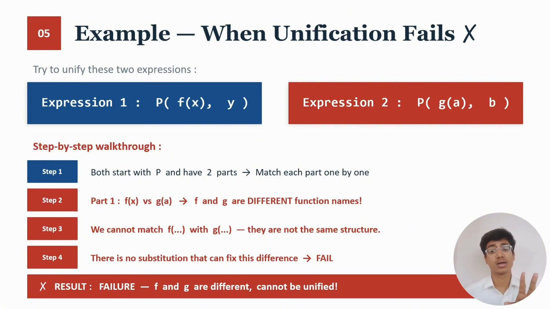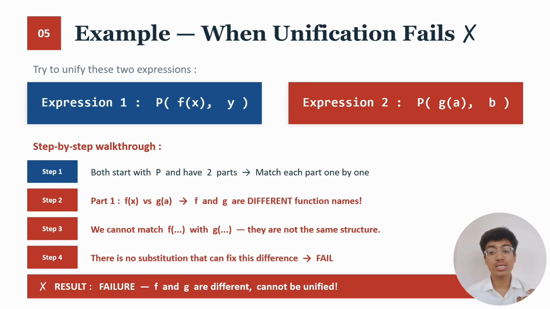Match each part one by one. Part 1 is f of x versus g of a, meaning f of x in expression 1 with g of a in expression 2. And f and g are different function names, so we cannot match f with g.